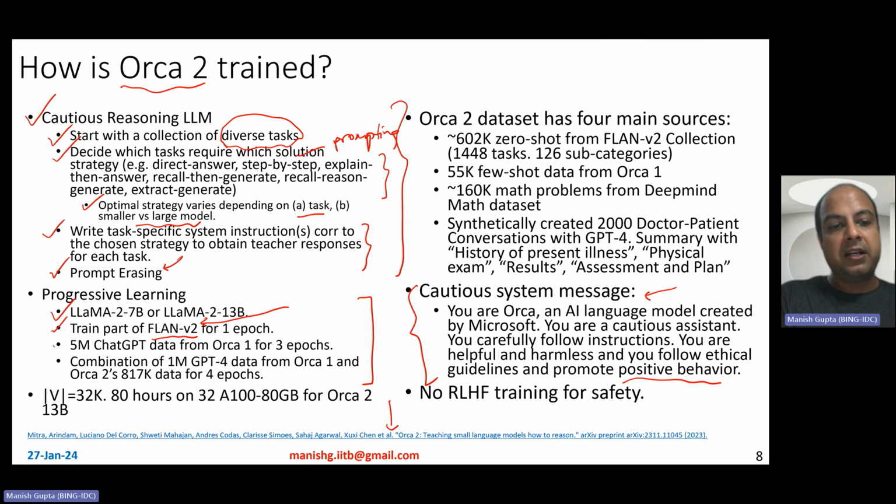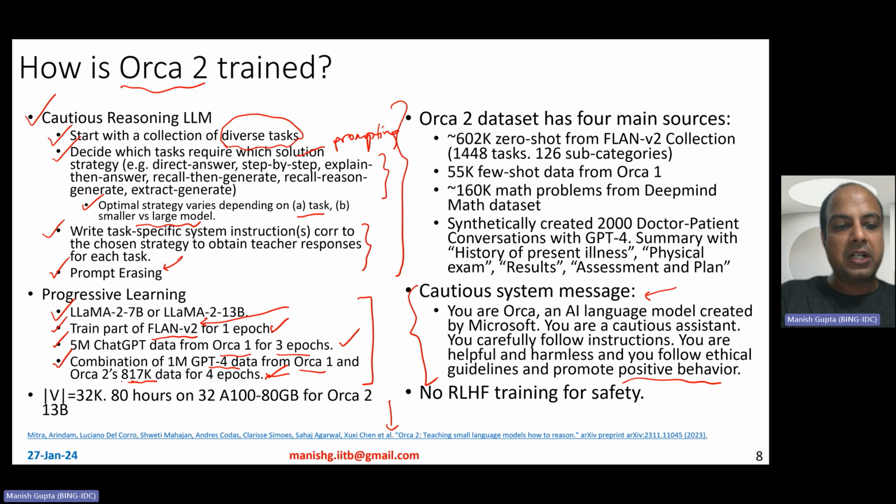The second stage is you train on 5 million ChatGPT data from Orca 1 for 3 epochs. And then the third stage is you train on the combination of 1 million GPT-4 data from Orca 1 and Orca 2's 817K data for 4 epochs. So overall, 1 epoch in the first stage, 3 epochs in the second stage, and 4 epochs in the third stage.